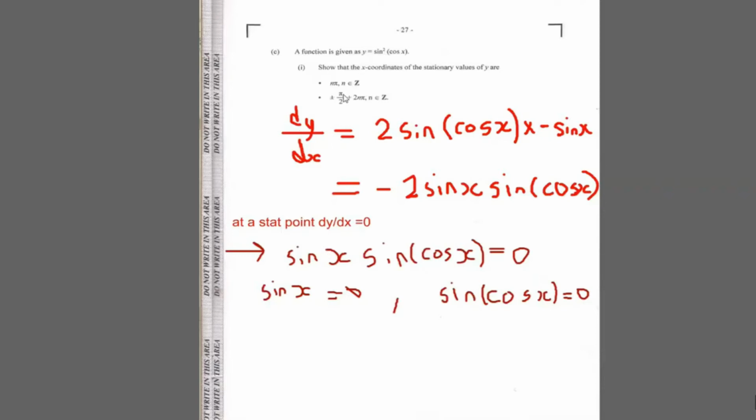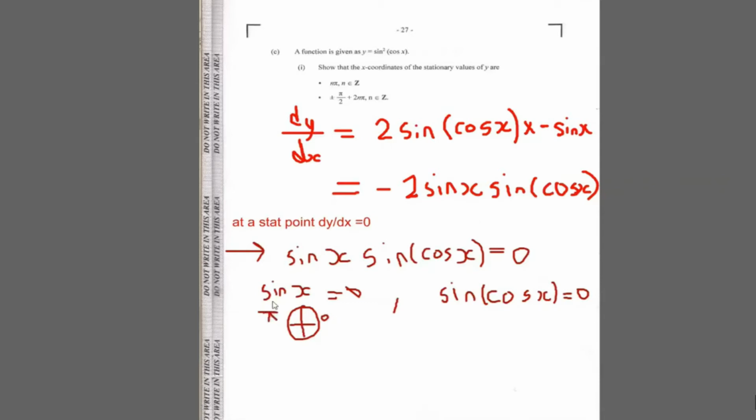All right, it has n pi right here. So let's just draw our circle, because we know it's going to be 2 quadrants anyway. Sine inverse of 0 is 0. Over here, the solution will be pi.